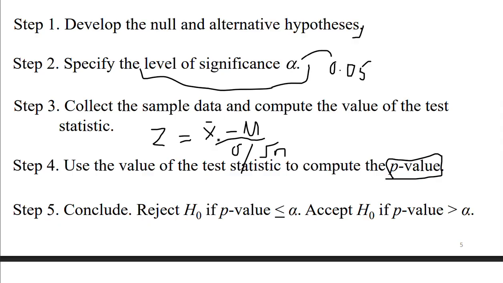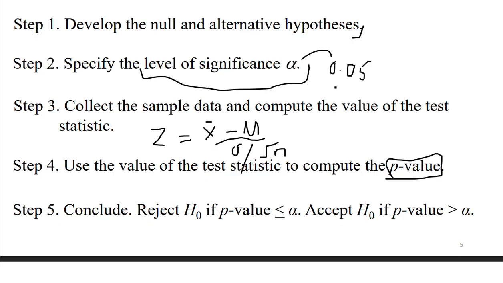And then the last thing we will do is we will compare our p-value to the significance level. If the p-value is greater than the significance level, then we accept the null hypothesis. If the p-value is less than the significance level, then it means we need to reject the null hypothesis.